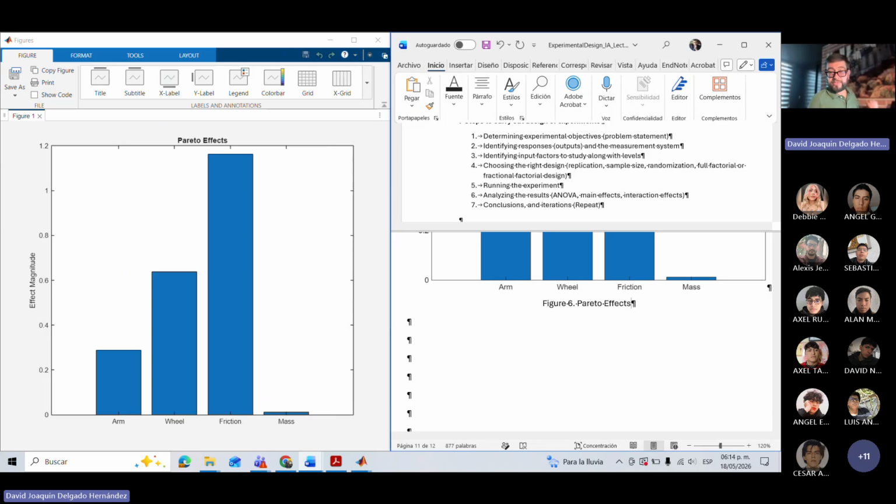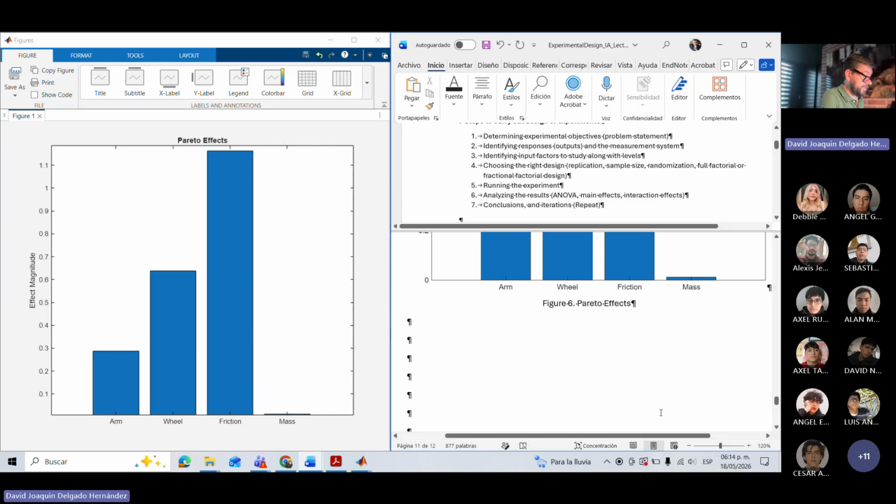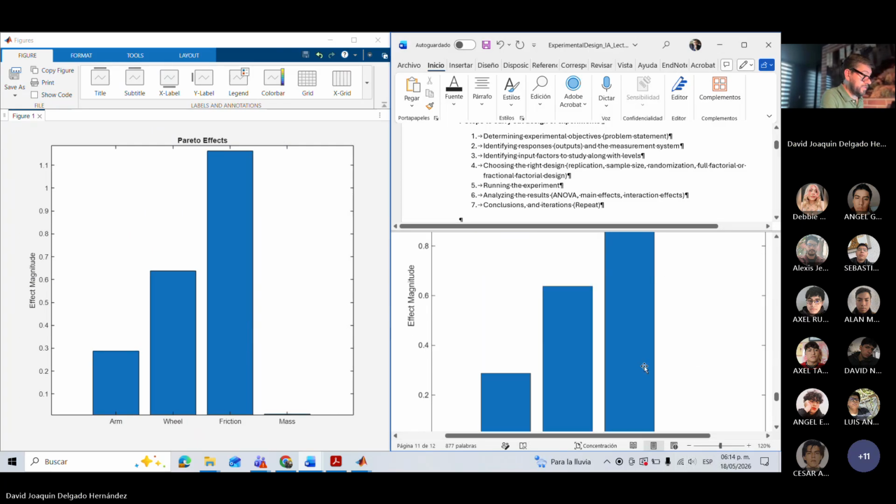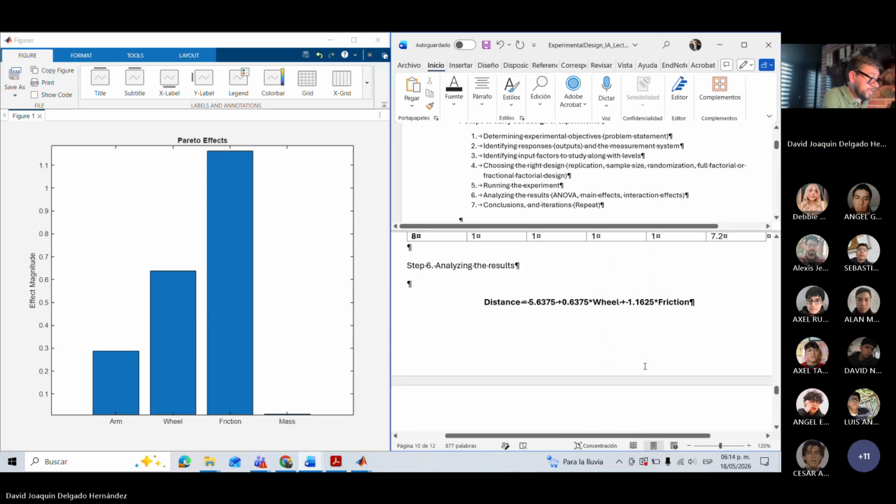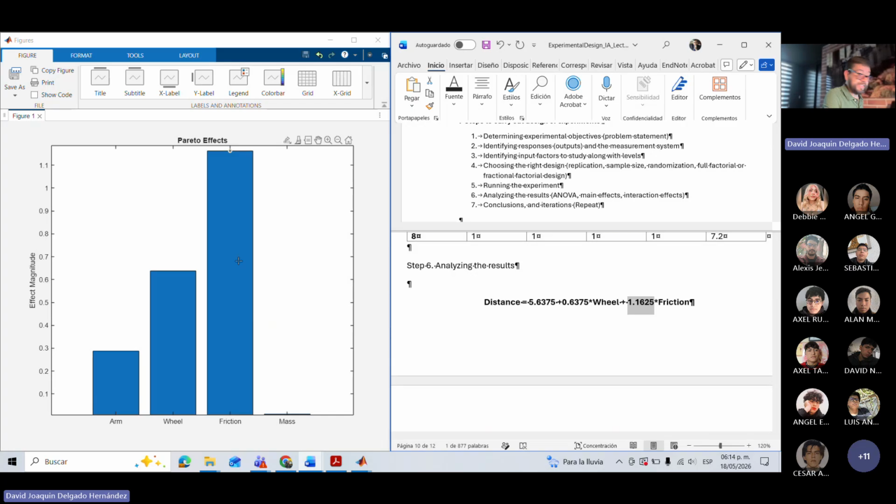So here you can see that in the model, look, friction has the greatest coefficient, okay? So the impact of friction in the distance is very important.